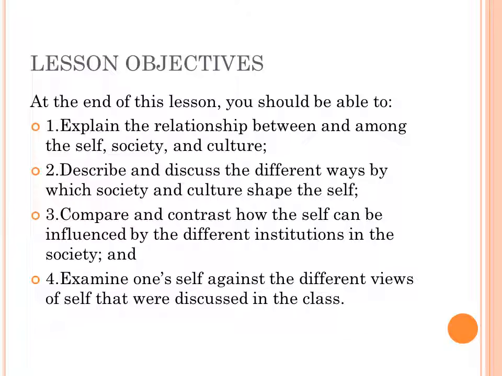Second, describe and discuss the different ways by which society and culture shape the self. Third, compare and contrast how the self can be influenced by the different institutions in the society. And lastly, examine one's self against the different views of self that were discussed in the class.